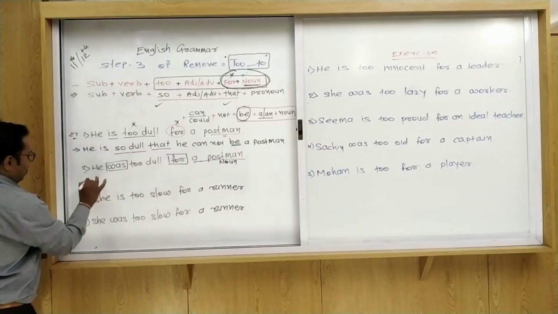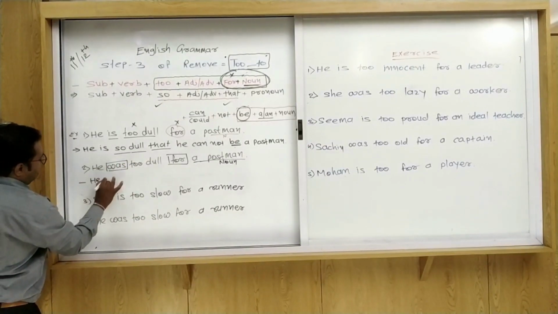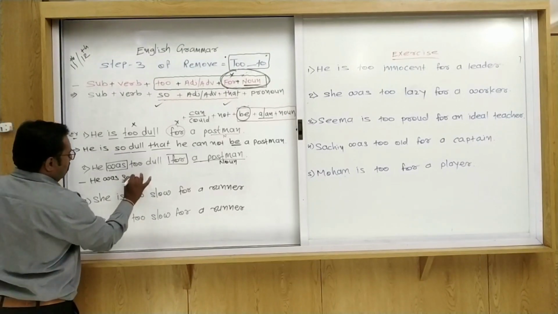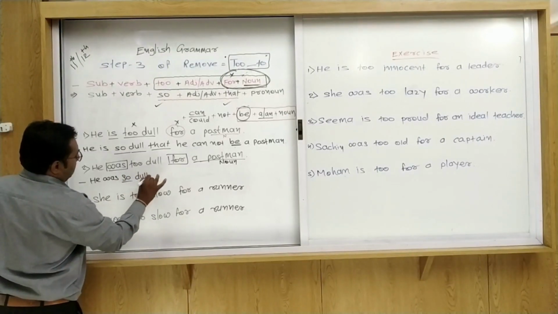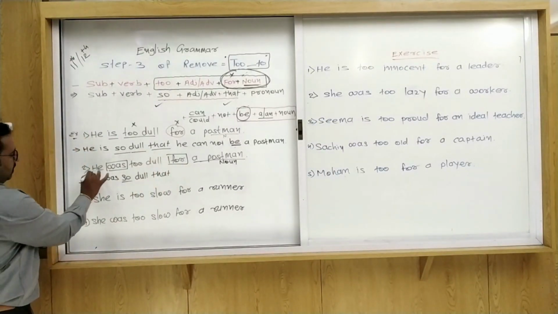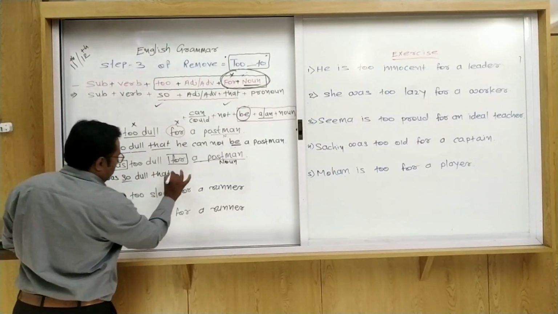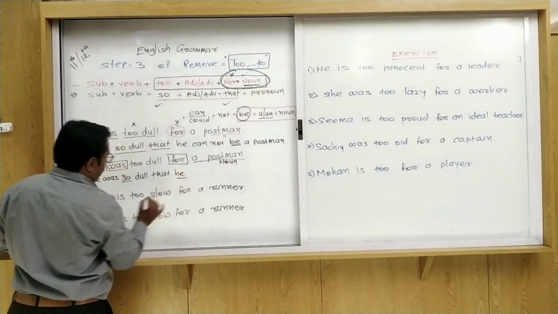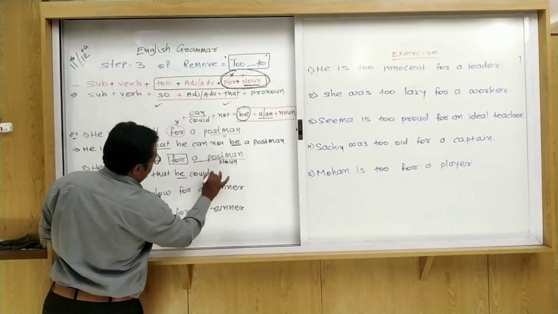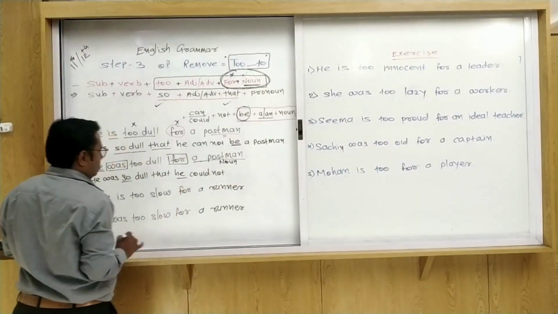He was too dull. So he was so dull that. The subject is he, so we can write the pronoun "he" here. Past tense, so he could not.